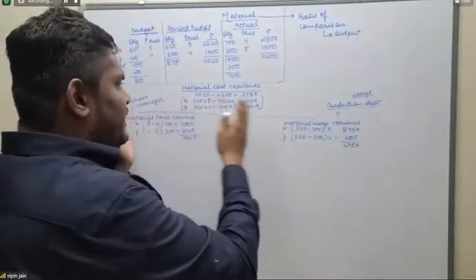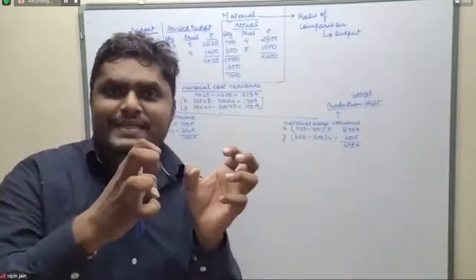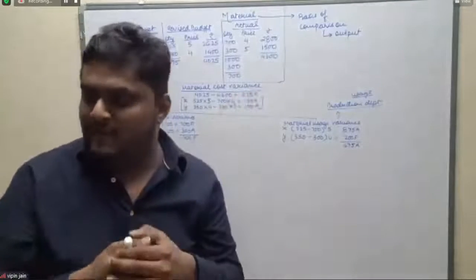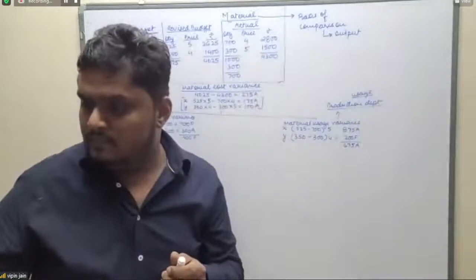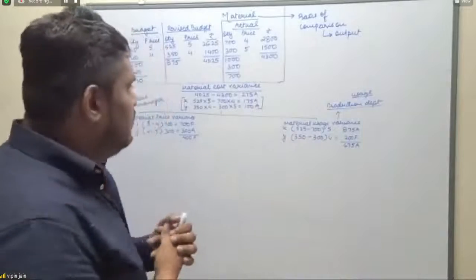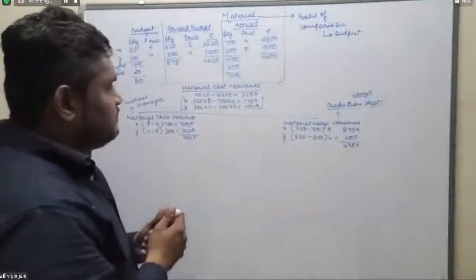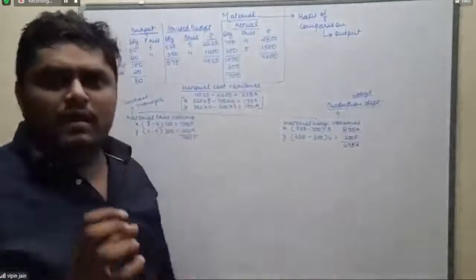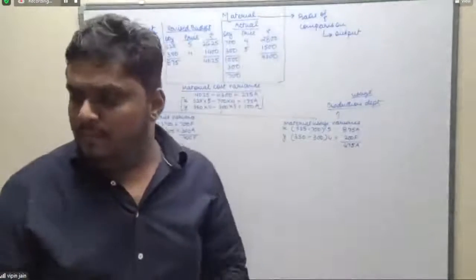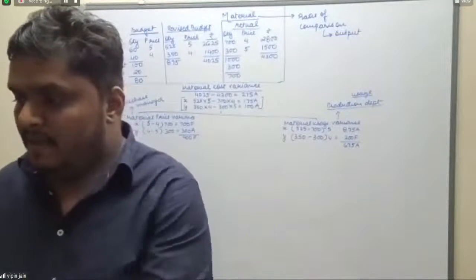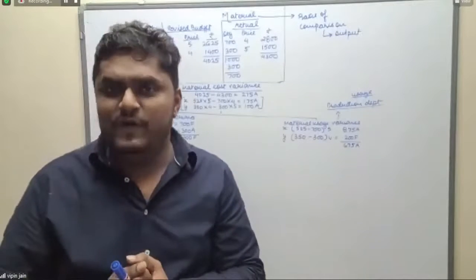So let's break it up into two parts, to see which element is contributing to this loss of 275. Let's start with the price element first of all, guys.